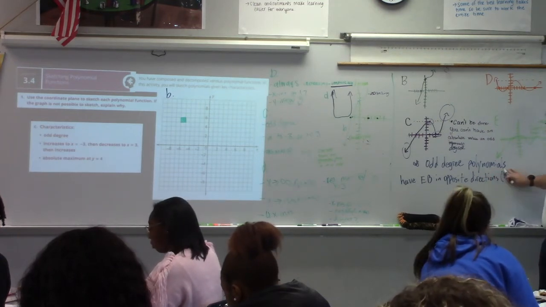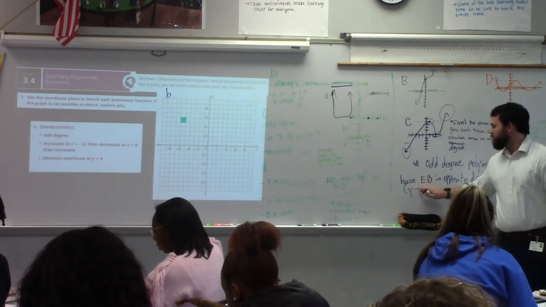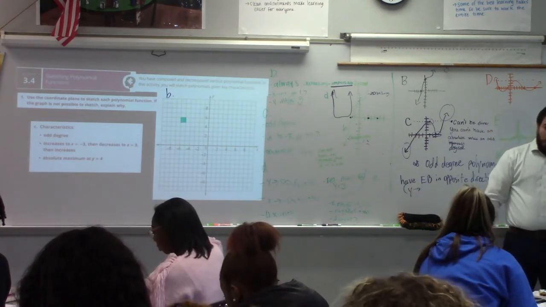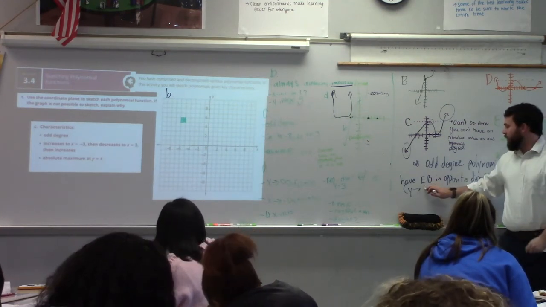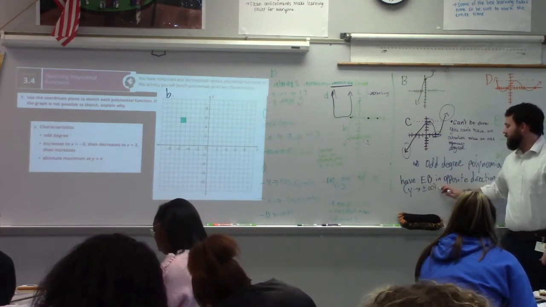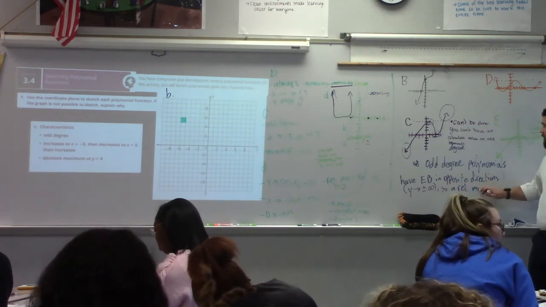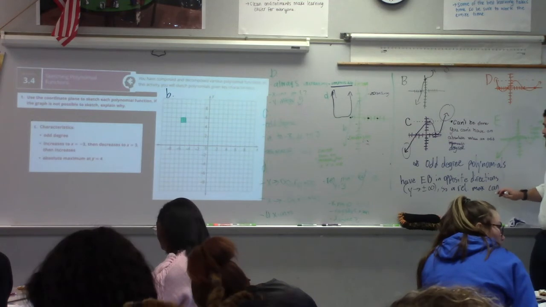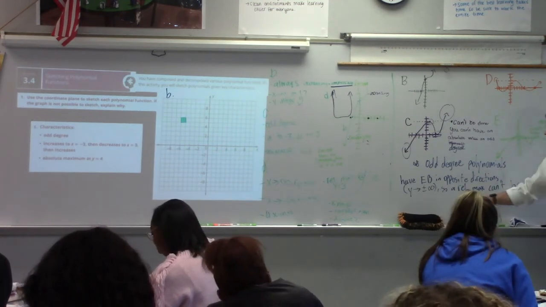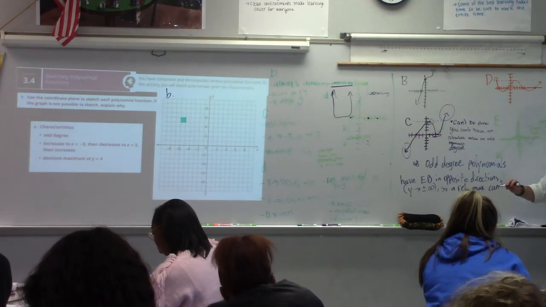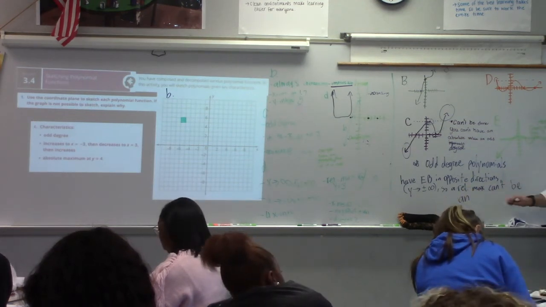That means that at some point my y is approaching what? Negative infinity and positive infinity, right? Y is approaching positive or negative infinity, so a relative max can't be a what? Absolute max. Right.